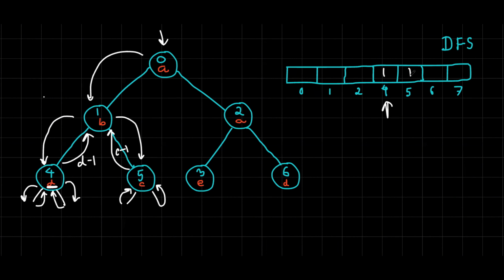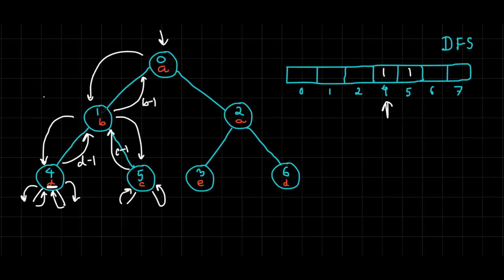So 1 will be added here. Now, for this B, in its subtree, it has 1D and 1C. So when we return from the B, we will also return the frequency of B with 1.